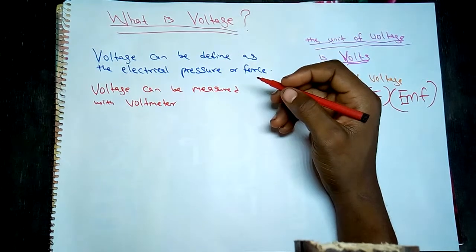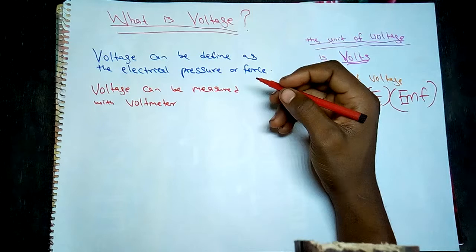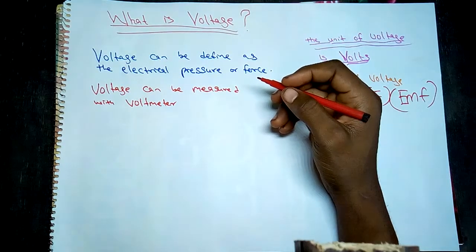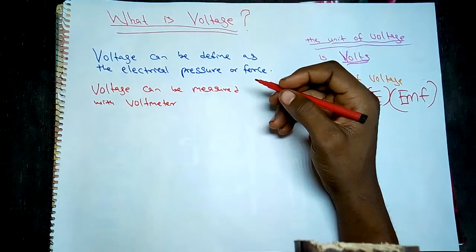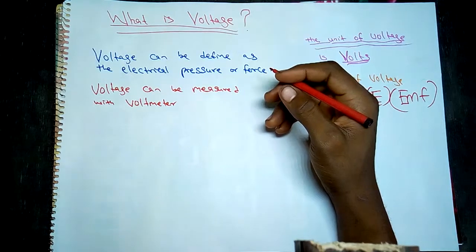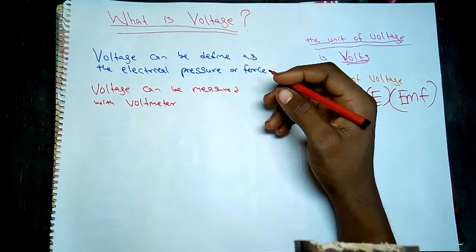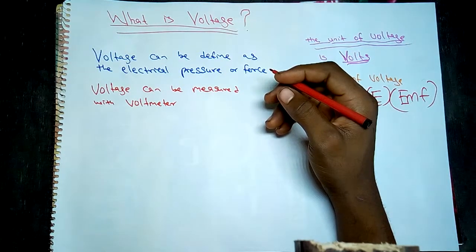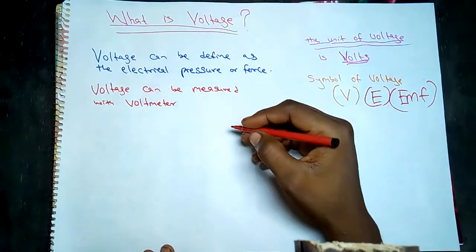I said in our previous video that current is the quantity of electrons. So we are going to see what causes the movement of electrons, which is current, and I said it is voltage. So let's take an example.